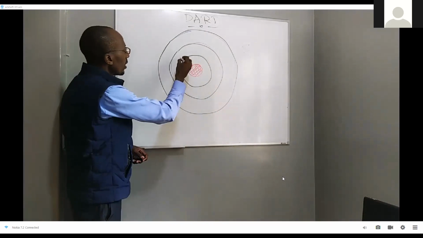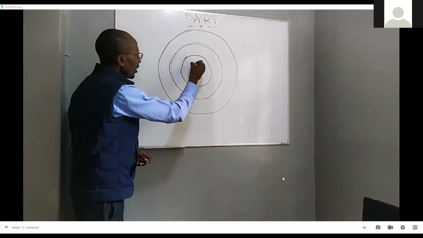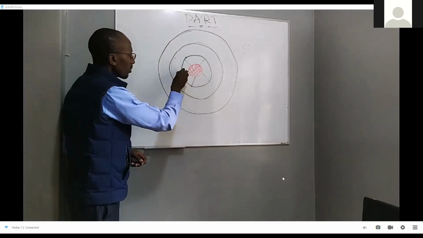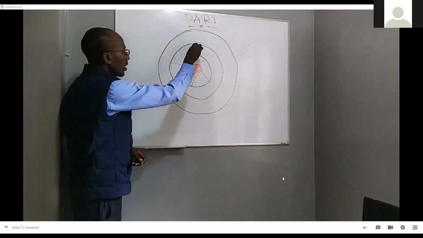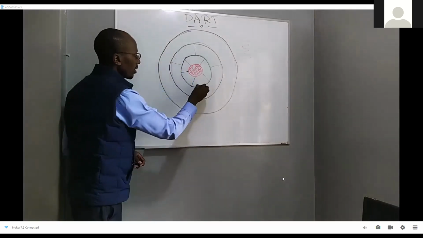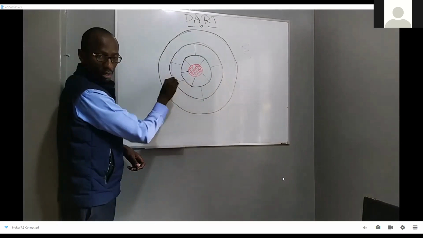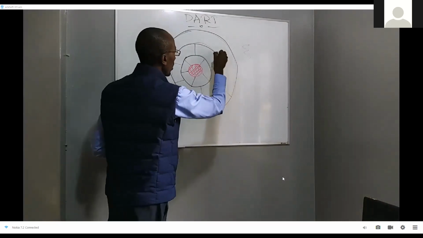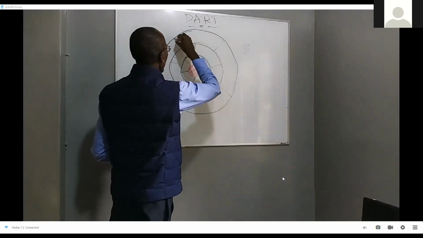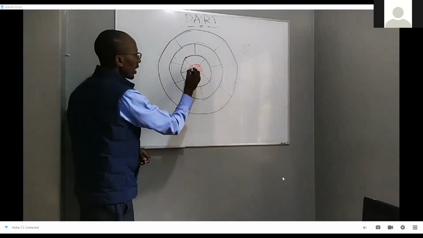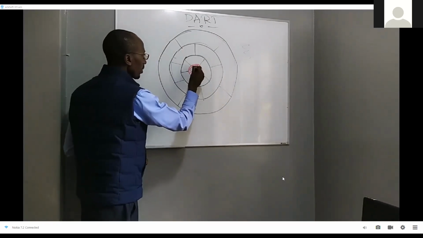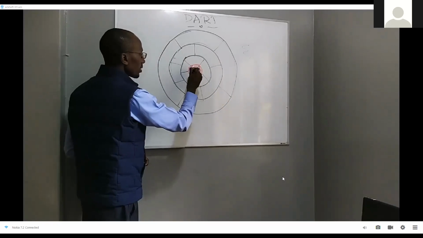Okay, so let's assume that is our dartboard. Right at the center, we can assume we have 10 points.